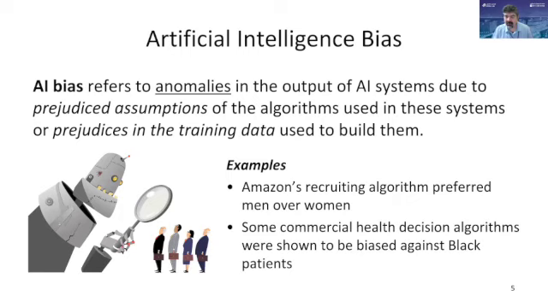Other examples are commercial health decision algorithms that were shown in the US to be biased against Black patients, ironically producing the odd assumption that African-American patients tend to be healthier because they don't need, in the historical record, as much attention. Of course, they were not able to afford it to start with, right?